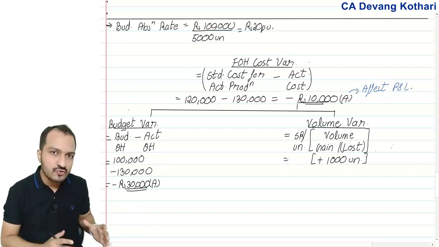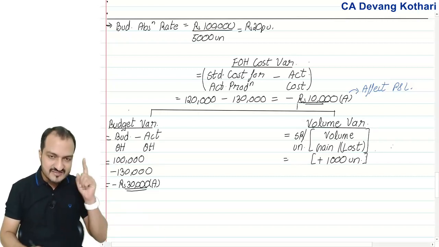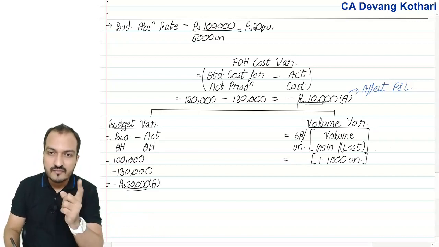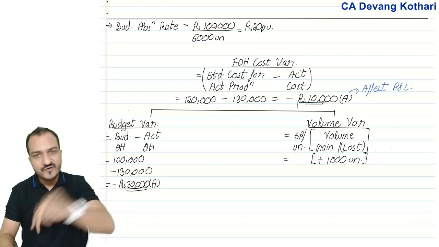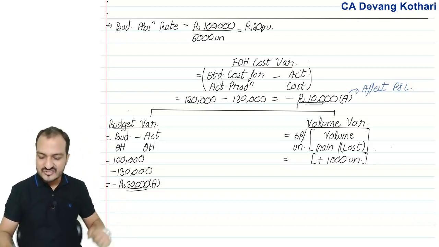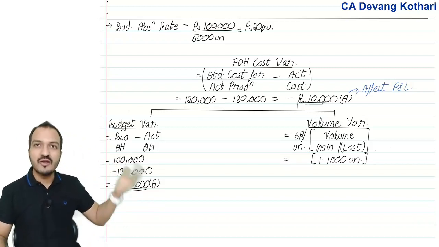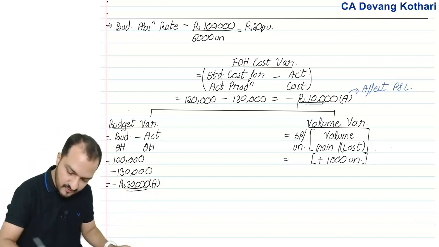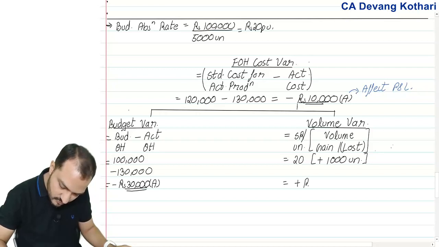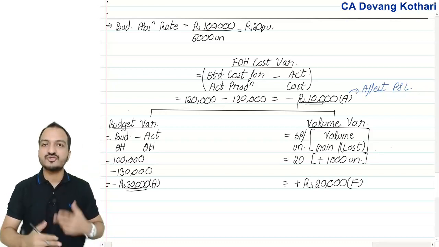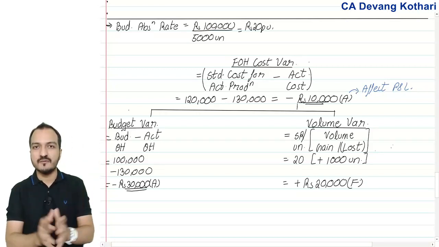Every selling price that you recover contains 20 rupees recovered towards fixed overheads. So if I sold 1,000 units extra, then on each of those extra units, I recovered 20 rupees extra. So in total, I recovered 20,000 rupees extra because of extra units, because of volume gain.